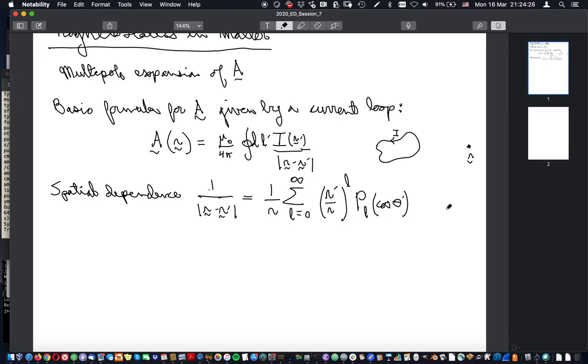Okay, so this is just a situation where you've chosen your coordinates so that the angle describes the opening between the r and the r prime. This is just to remind you of exactly what we did in electrostatics.